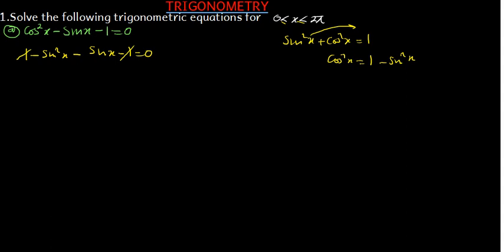So we remain with negative sine squared x minus sine x, and that is equal to 0. Now at this point, what are we going to do? We're going to factorize out something here. Of course we have got sine squared and sine, so we are able to factorize out at this point. We can remove a negative sign.